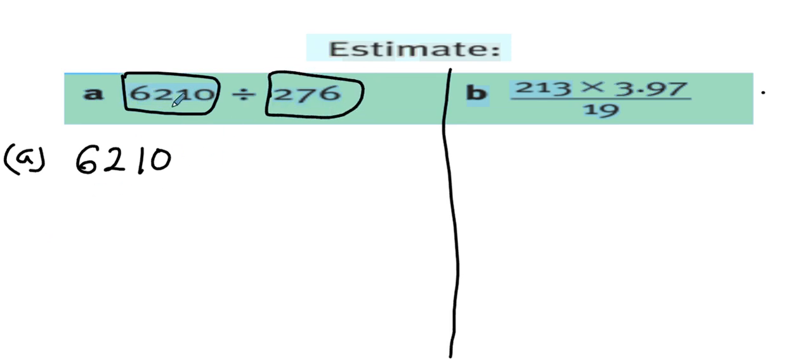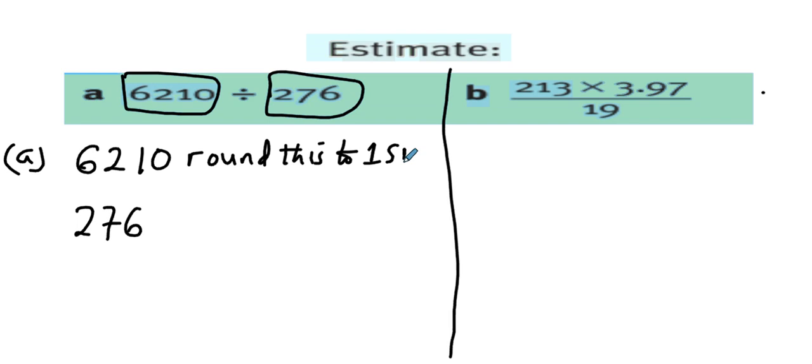So take each number involved in the calculation, and then round this number to one significant figure. See that? Take this number, round this number to one significant figure.